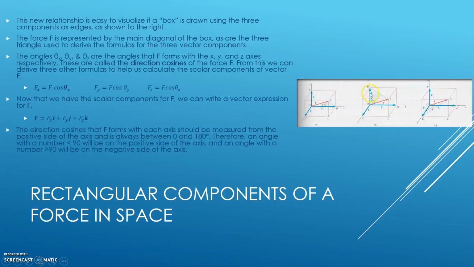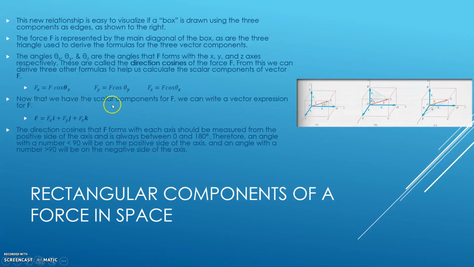This one is theta y, which goes from the force up to the y-axis. Z is the same way; it just goes to the z-axis. That's theta z. So we can also find the components by using those direction cosines. If we know the force F and we know what theta x, theta y, and theta z are, we can find the components.